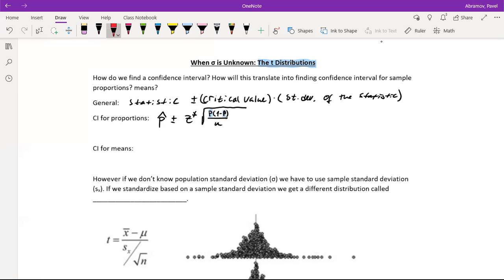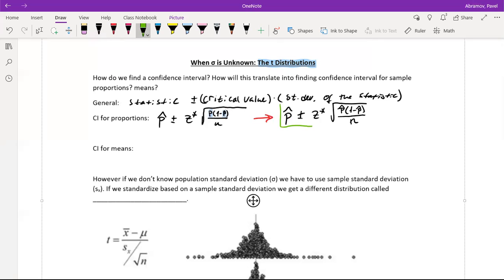So therefore, we replaced the standard deviation of the statistic with standard error. And by standard error, I mean that we replaced our population proportion with the sample proportion. So the true formula that we actually ended up using was the following, where our p were replaced with p hat, meaning that we used the proportion from the sample. So this was our formula for creating the confidence interval for proportions.